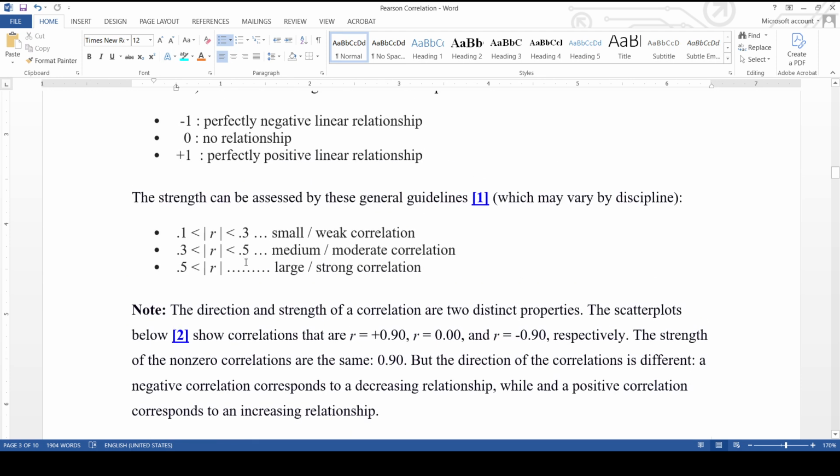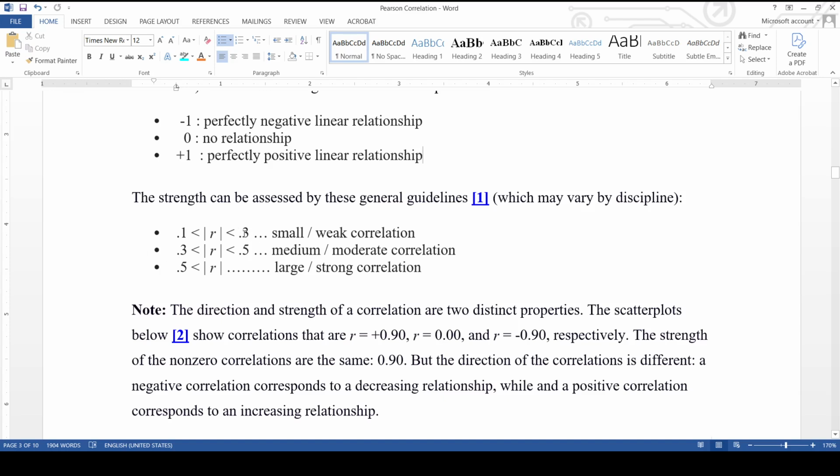Point one is just less than r. r is relationship. Less than what? 0.3. It means a small, weak correlation. This is still weak. It is small. So you can call it small correlation. You can also call it a weak correlation.